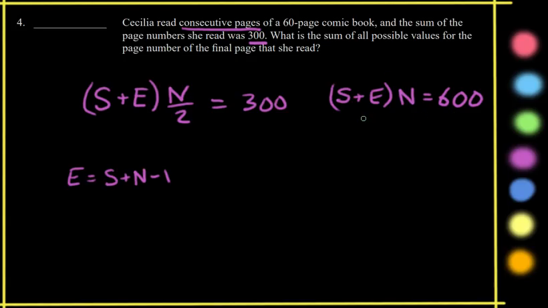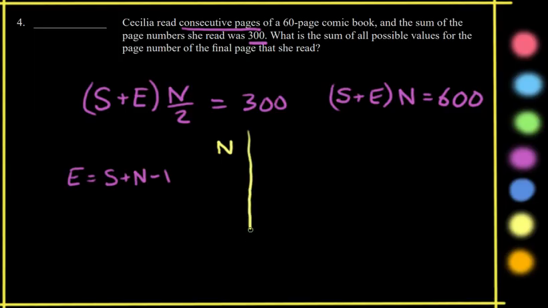And there's a lot of possibilities because 600 has a lot of factors. But we can maybe throw out some of those possibilities. So let's start by writing down different possibilities for n.